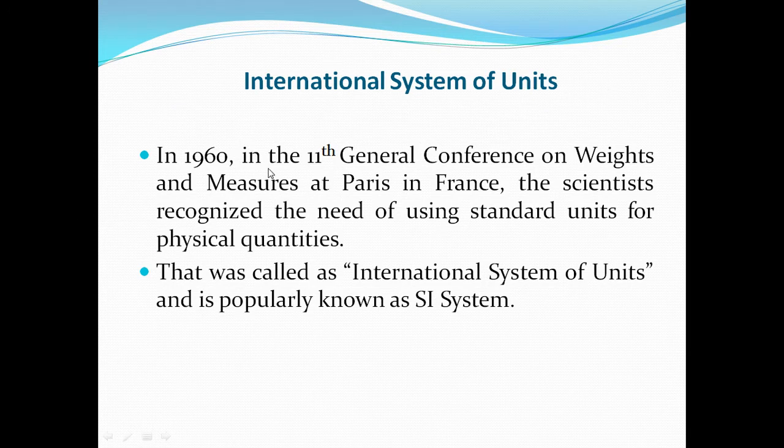We use measurements that are internationally accepted, with physical quantities using standard units. So we are using standard units. This is the definition of a unit.